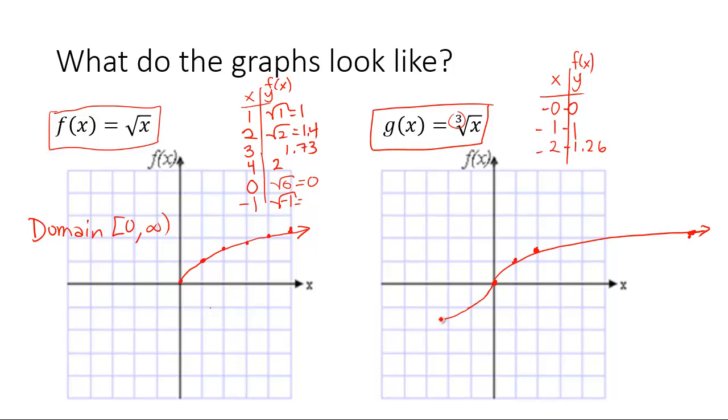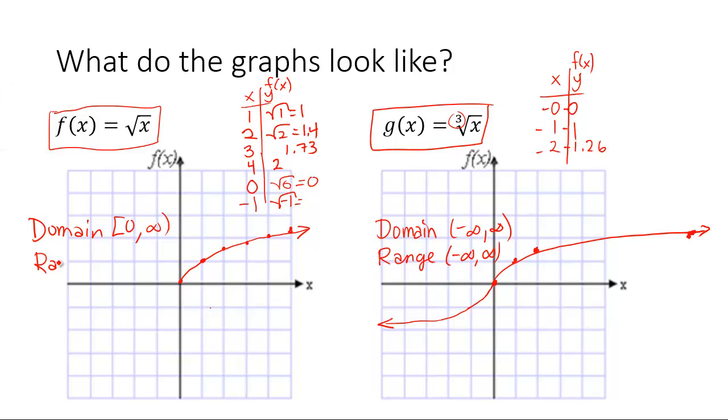So try to find more points and convince yourself that this is what it looks like. So now you can say that, well, we know the domain of the cube root function is all real numbers. What about the range? Well, you can imagine that this will grow. It's just growing really slowly. And same with this. So the range is also all real numbers.